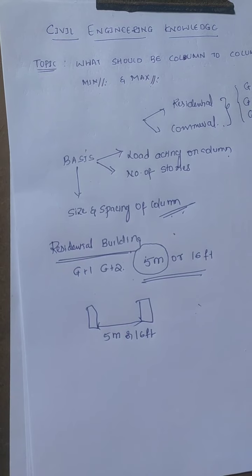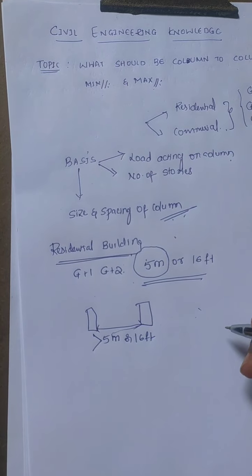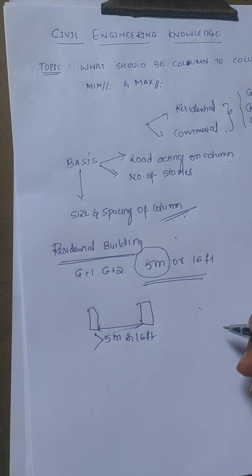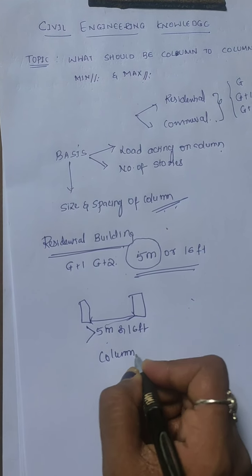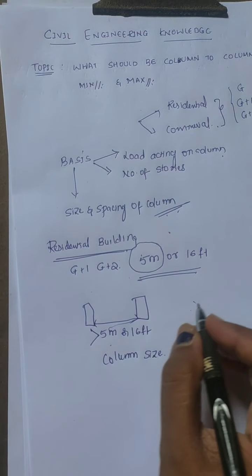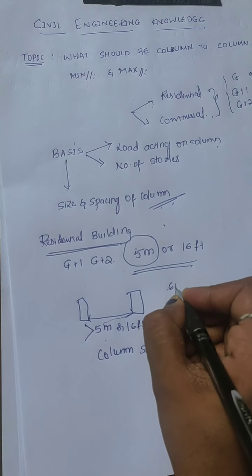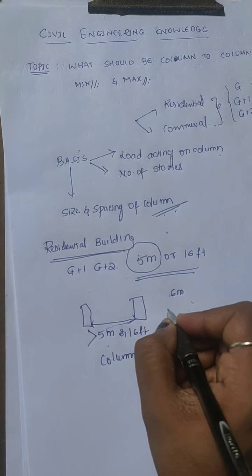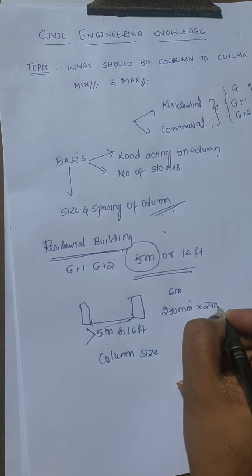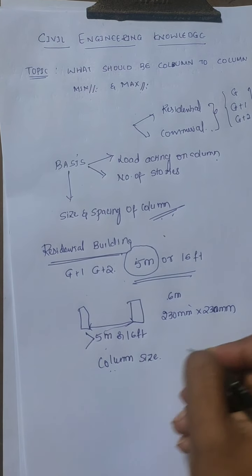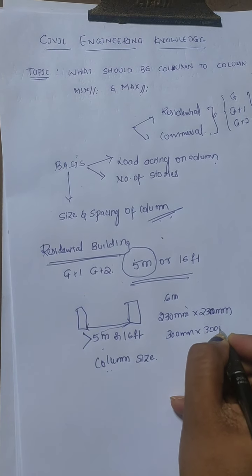In case the spacing is greater than 5 meter, in such cases you need to increase the column size. For example, if you have a distance greater than 5 meter, say 6 meter, and initially you had made a column of 230 mm into 230 mm, in this case you need to increase it to 300 mm into 300 mm.